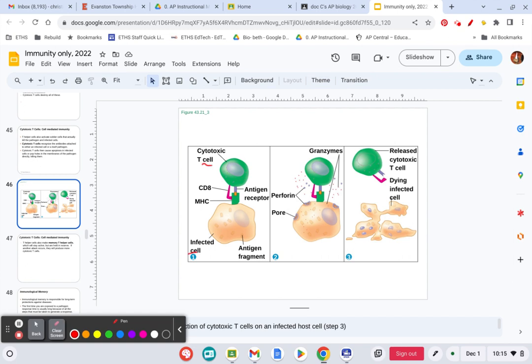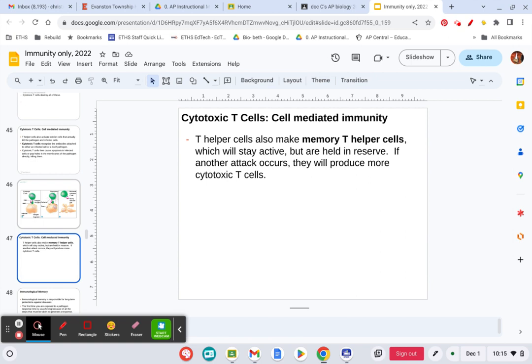After it attaches, it forms little pores, creates little holes in the cell, and then water rushes into the cell, and that causes it to explode. So it can either cause the cell to perform its own programmed cell death, or it will poke a hole in there.